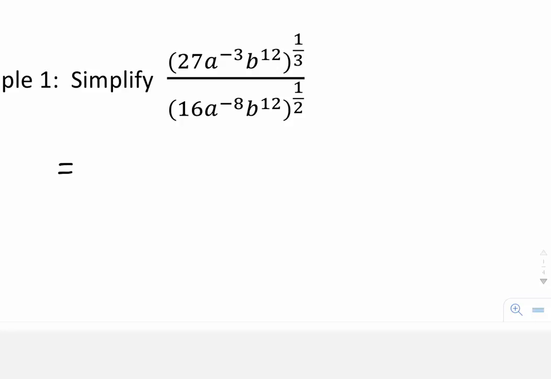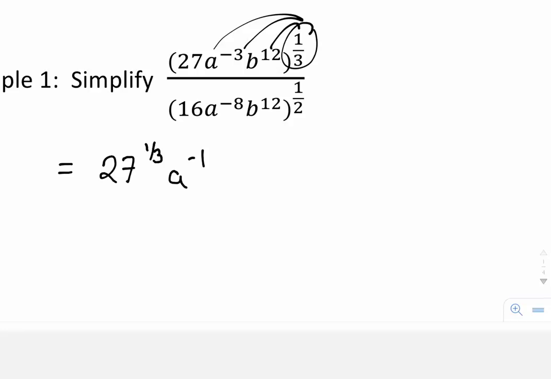So what I'm going to do is use my exponent rule by bringing this 1/3 into the bracket, with each factor. So what do I mean by that? I mean I'm going to have 27 to the exponent 1/3, and a to the exponent negative 1. Now how did I get that?